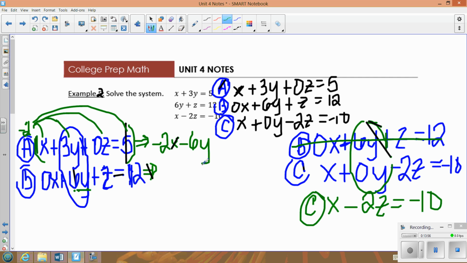This is just going to be a 0 for the z, so plus 0z equals negative 10. And then down below I have 0x plus 6y, just keeping everything as is, plus z equals 12.